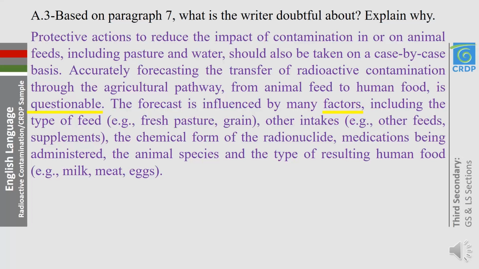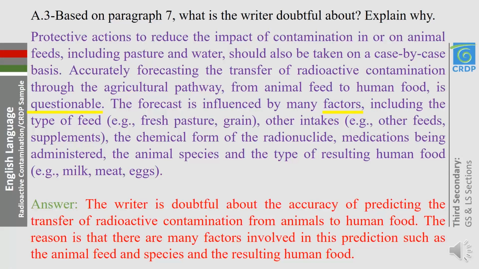And this is a sample answer. The writer is doubtful about the accuracy of predicting the transfer of radioactive contamination from animals to human food. The reason is that there are many factors involved in this prediction, such as the animal feed and species and the resulting human food.